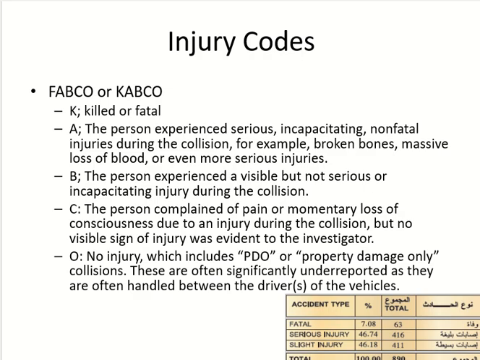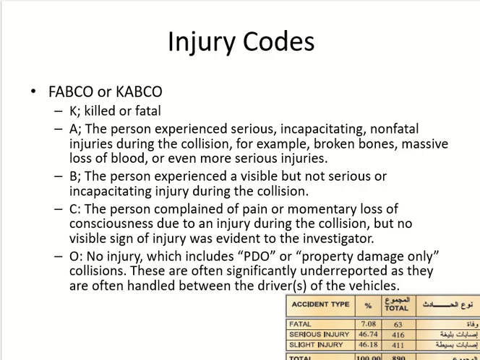K stands for killed, or F is fatality, meaning the same thing. So when we are classifying accidents according to the result, the accident is classified according to the party with the highest severity.